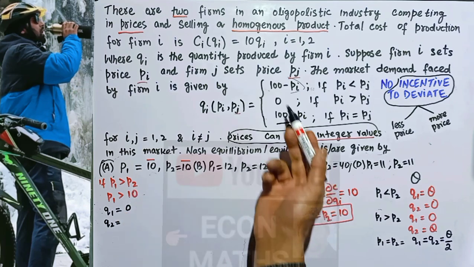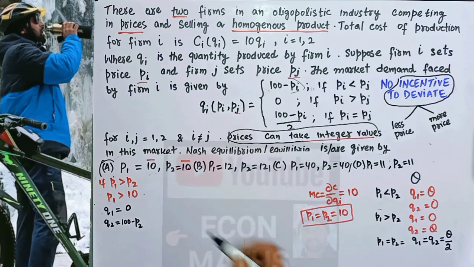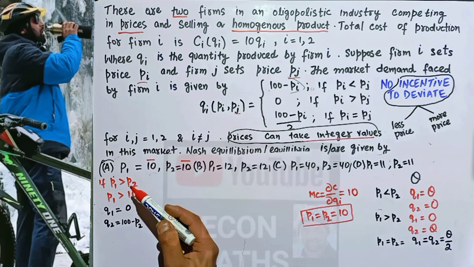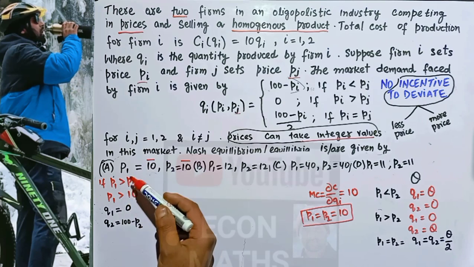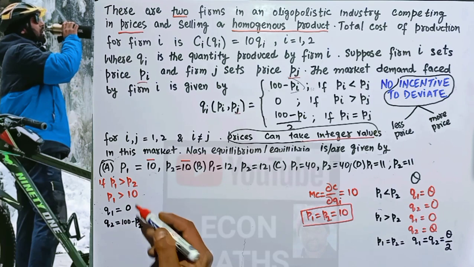Obviously, it will get 100 minus P2. So is there any incentive for firm 1 to charge a higher price than its competitor's price of $10? No, not at all. Why? Because he is getting zero share of the market.